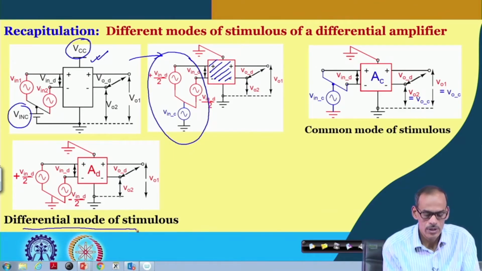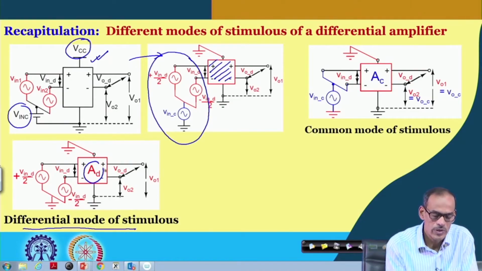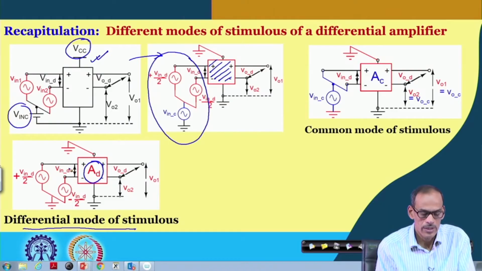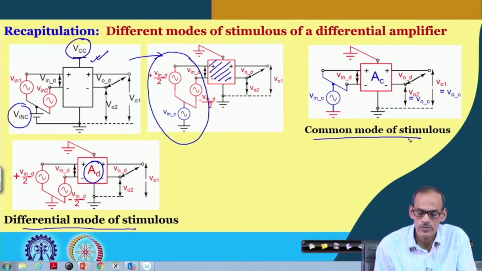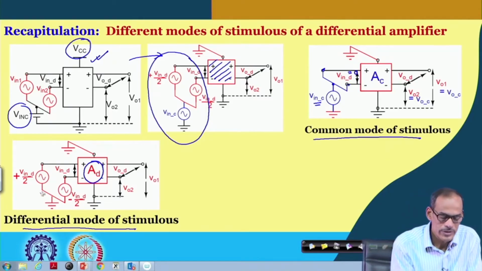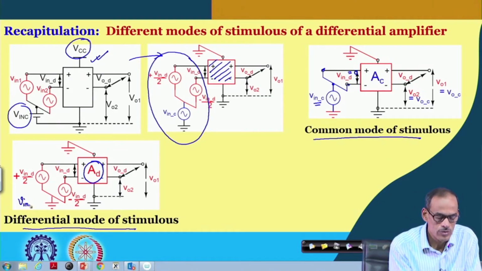One is the differential mode of operation or differential stimulus, that will help us to get the parameter AD, or the expression of AD in this case. And then we have another mode of operation called common mode operation, where at both the inputs we are giving the same signal V in C, making the differential equal to 0. For this case, the differential input we are making 0.